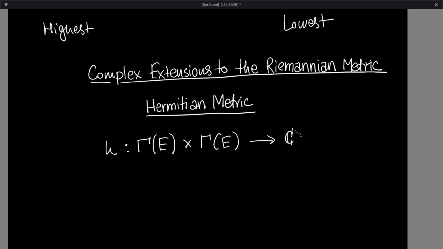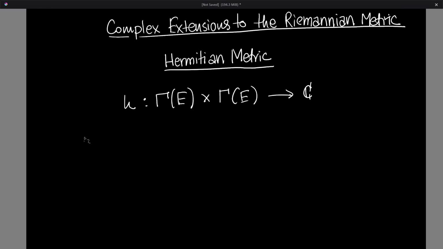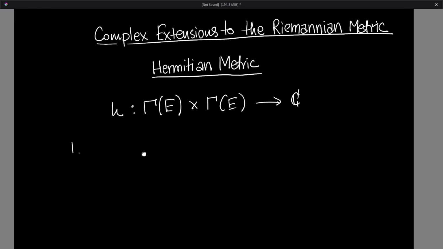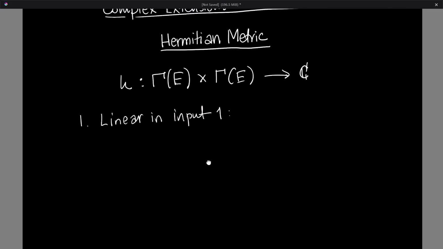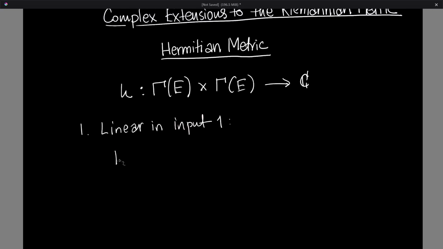That's because the second input is not linear. First things first, it's linear in its first input. So that's what you expect.